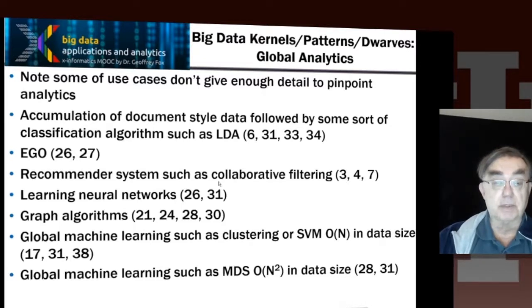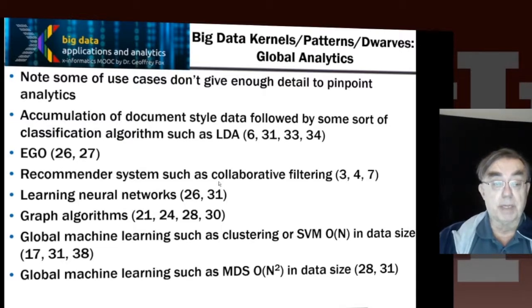Recommender systems were started off in information retrieval, but sorry, in e-commerce and places like that. They are now becoming built into lots of different applications. Learning neural networks are a particular way of optimizing automatically from big data. Graph algorithms are often, as we'll see, the most efficient way of solving problems.